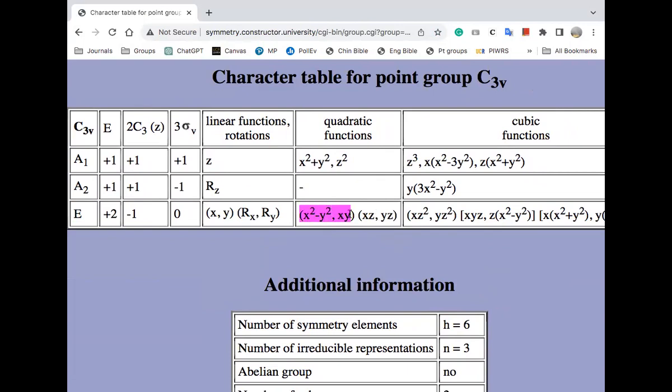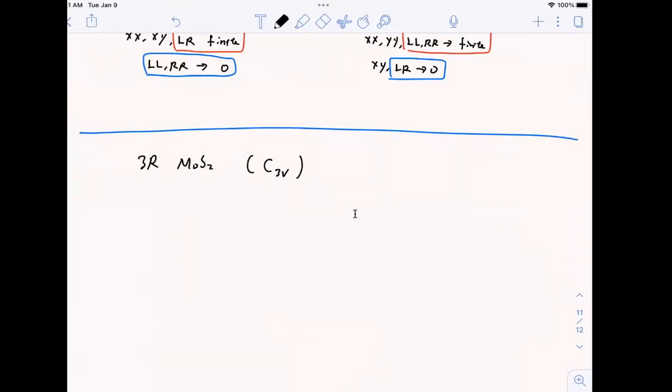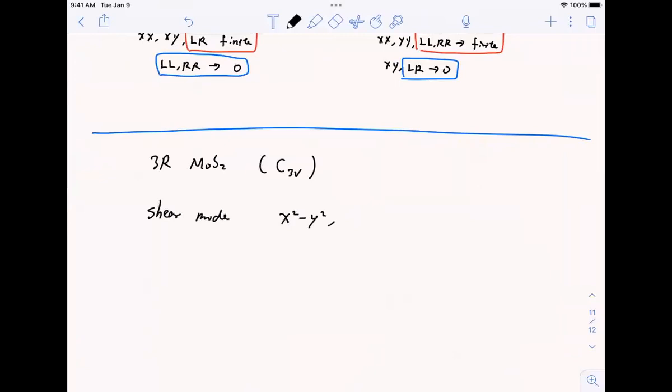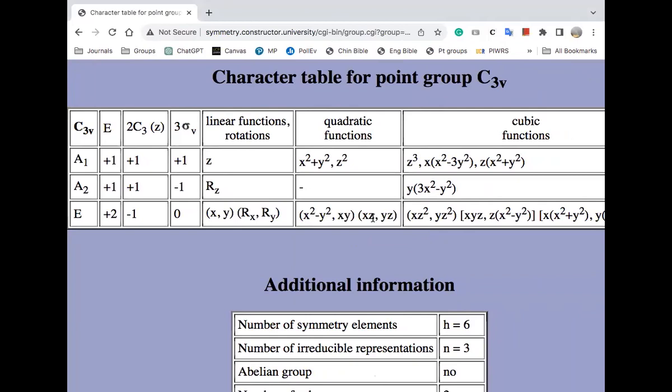Okay, so from here you can already write down the element. Let me write it down. For the shear mode, it will be x squared minus y squared, xy. So this will be the E representation. So we can neglect this one because we know it is not this one, because in our experiment we use the XY geometry and detect some signal.